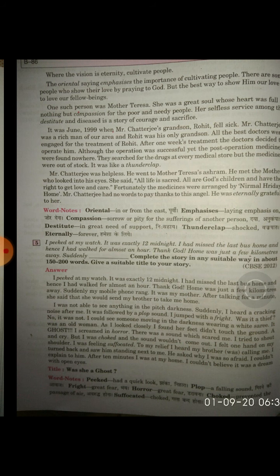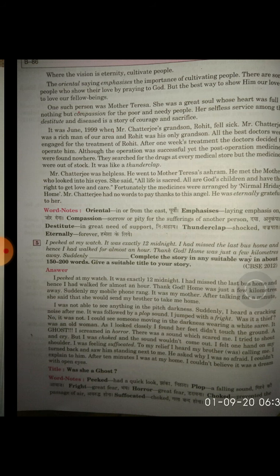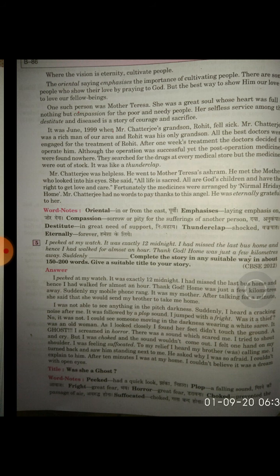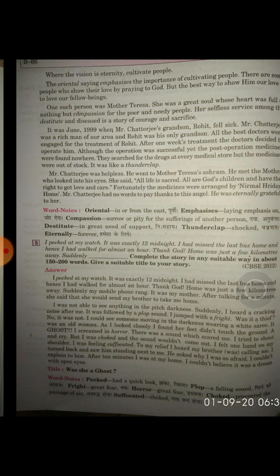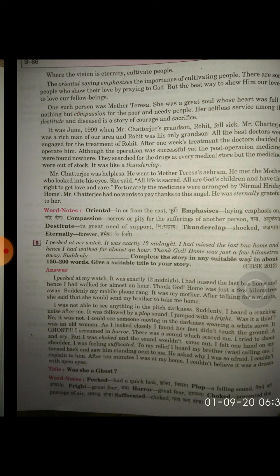It was like a thunderclap. Mr. Chatterjee was helpless. He went to Mother Teresa's ashram. He met the mother who looked into his eyes. She said, all life is sacred.